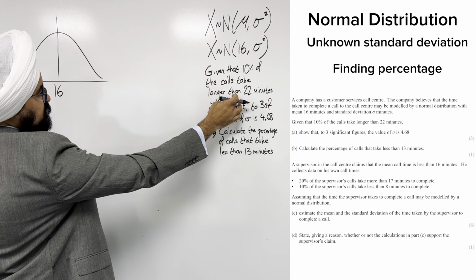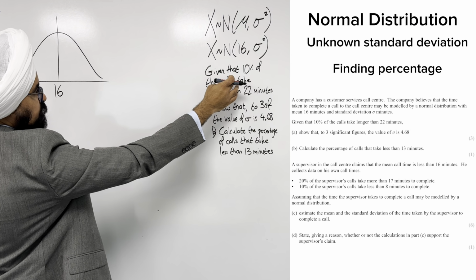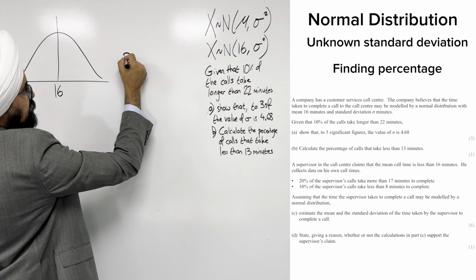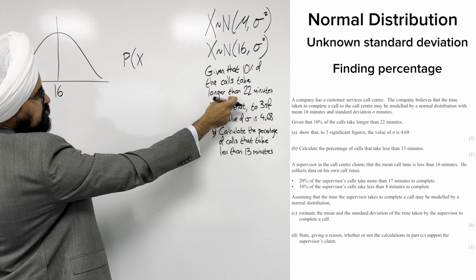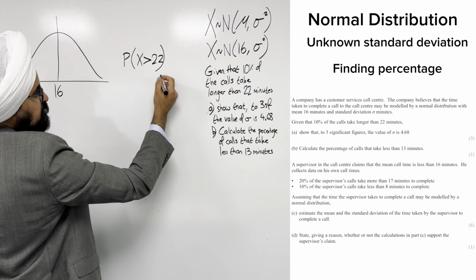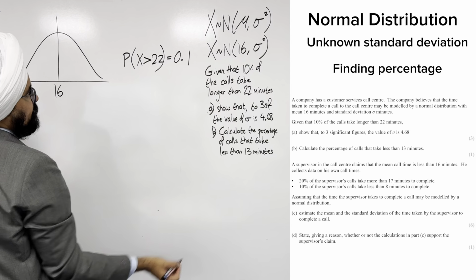Now this information I want to try and represent on my diagram. Before I do that, I'm going to represent this information using inequality. So the probability that x is longer than 22 minutes is equal to 10% or 0.1.